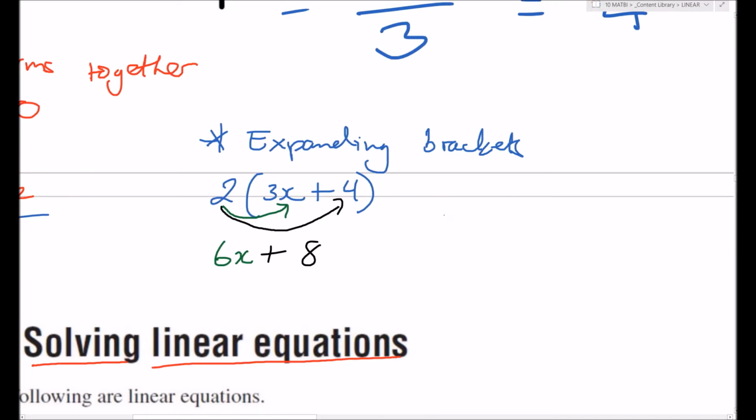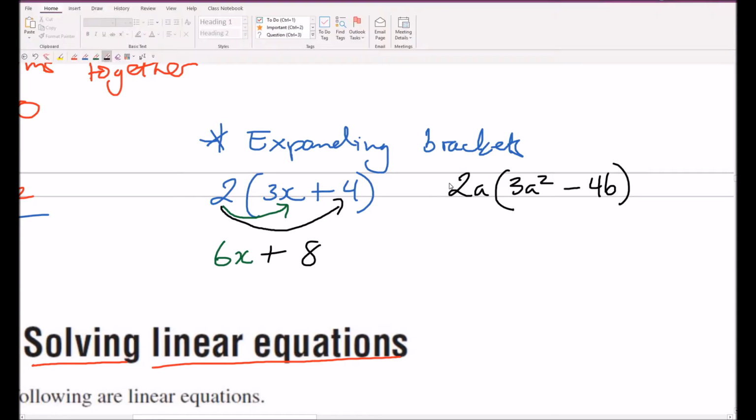Another example, I'll do 3 of these just to make sure we all get it. You might have 2a times 3a squared, and you might have minus 4b. With this one, remember you're multiplying the term on the outside with the terms on the inside. Just remember the principles when you're multiplying terms.